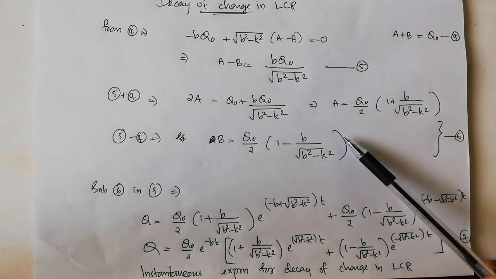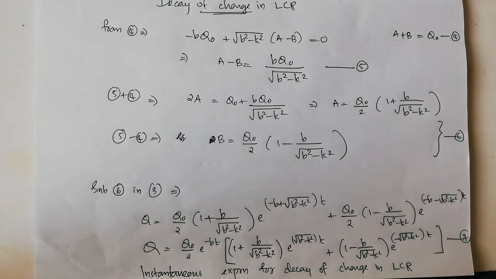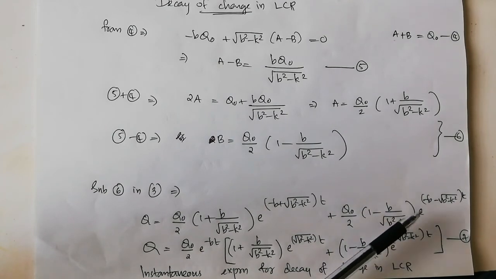Now, let us substitute this in equation number 3, which is representing q. That is, q is equal to, in place of A, we can write q0 by 2 into 1 plus b by root of b square minus k square into e raised to this term, plus q0 by 2 into 1 minus b by root of b square minus k square into exponential.